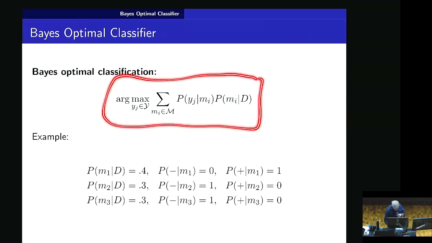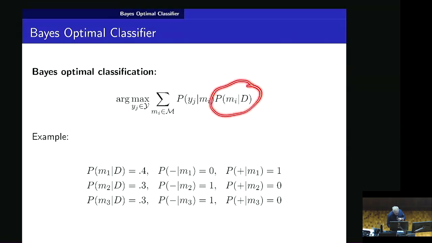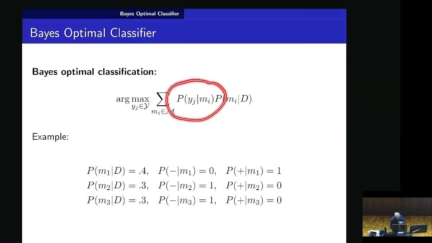And it turns out that if you work through all of the combinations, here's the Bayes optimal classification, which is to find the maximum probability label out of the set of labels Y, given a set of models M. And so you take the probability of the model, which is this thing here, times the probability of the label given the model, and then you sum all those up.